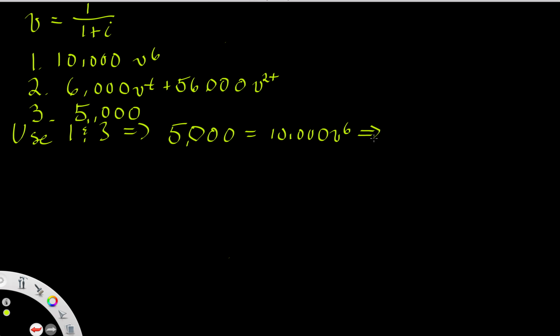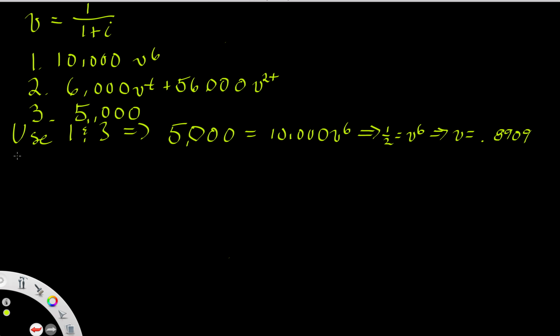Then we solve: 1/2 equals nu to the 6th. This then gives that nu is about 0.8909. We could figure out what i is, it's 12.25%, but we don't actually need i at all. So we used 1 and 3 to figure out what nu is.